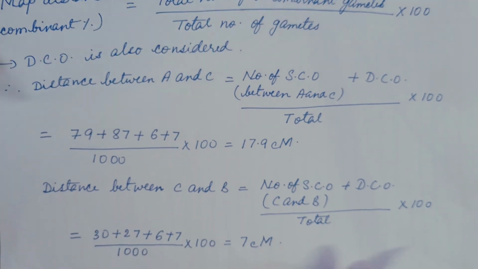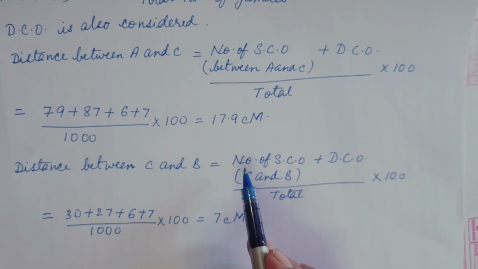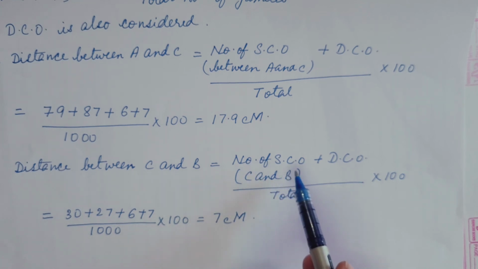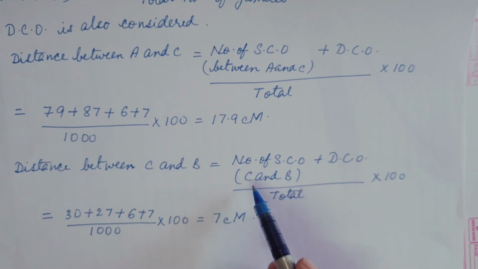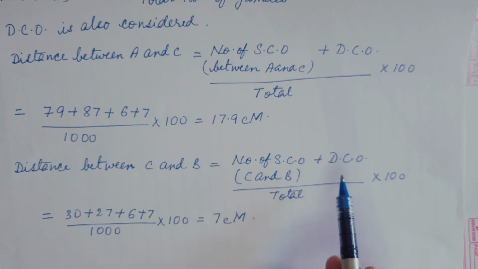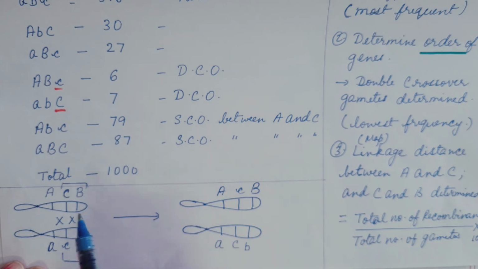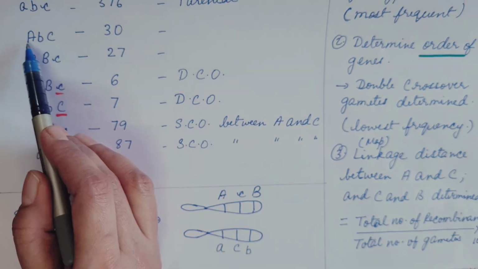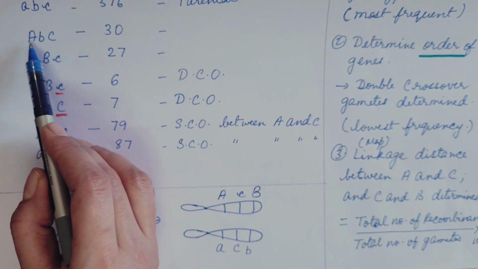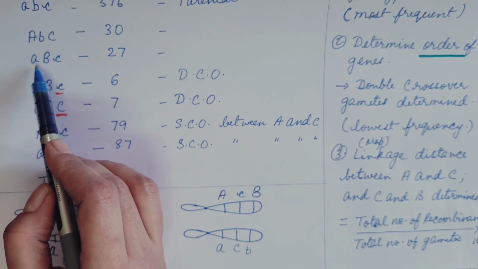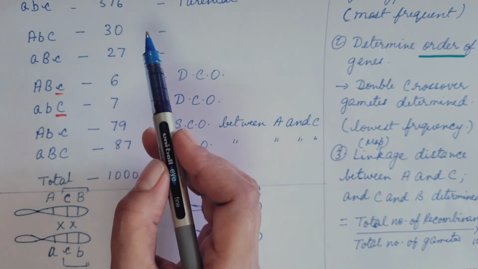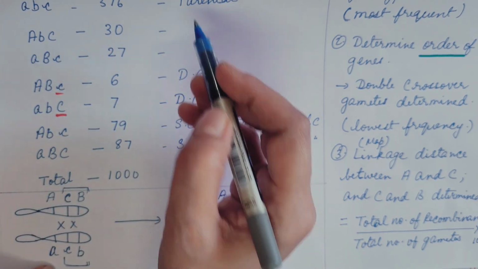Now the distance between gene C and B. Here we determine the number of single crossovers between C and B plus the number of double crossovers, by total into 100. If the single crossover occurs between C and B, then this B region is exchanged and we will get the gamete genotypes capital A, small b, capital C and small a, capital B, small c, and the numbers are 30 and 27.